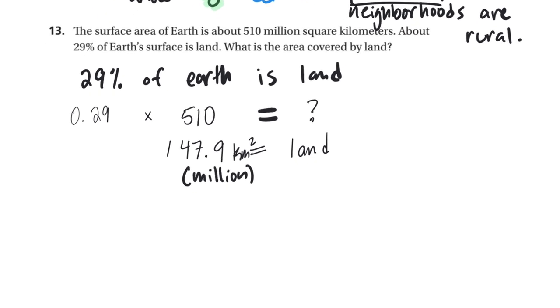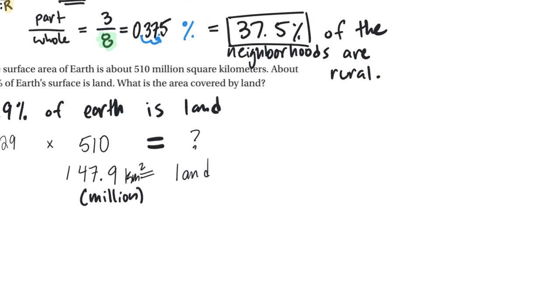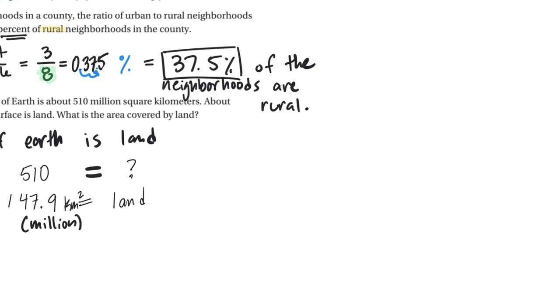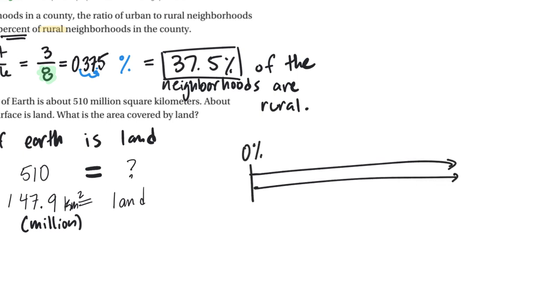Okay, so how to do this with a diagram, because that's what we were supposed to do. We'll do this on the side here and make sure we get the same answer. 0% of the earth is 0 kilometers. Remember, this is in millions. 100% of the Earth's surface is 510 million kilometers.